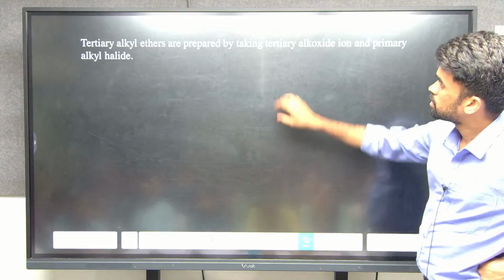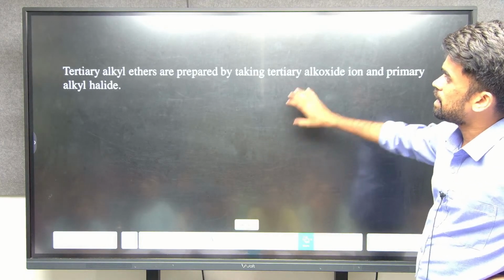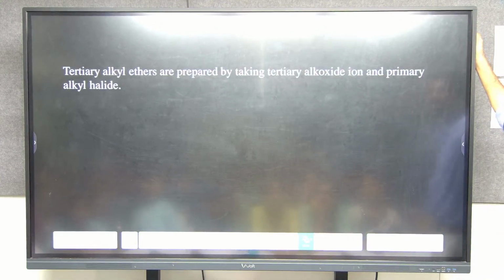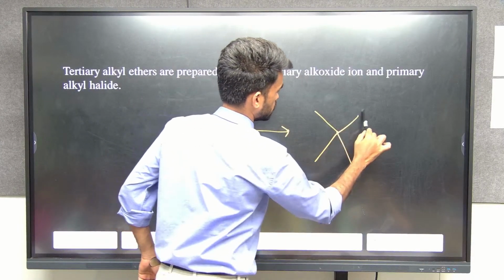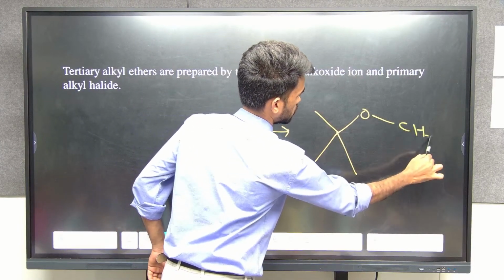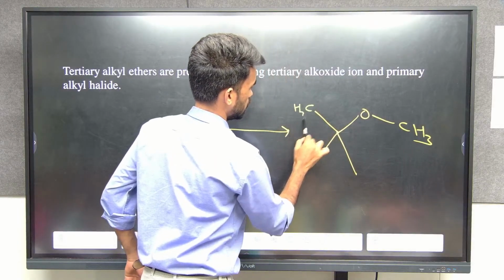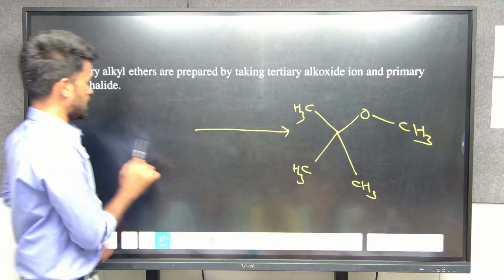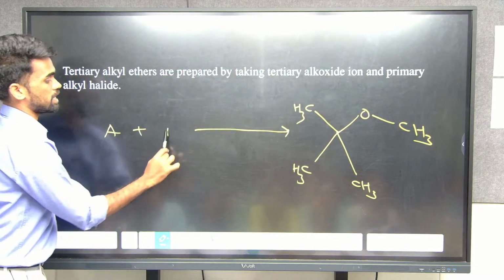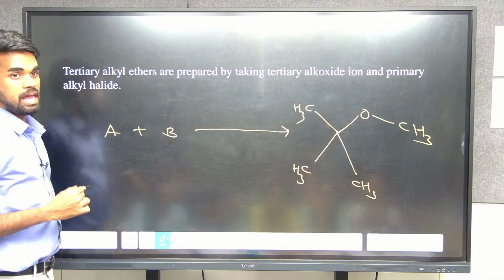Tertiary alkyl ethers are prepared by taking tertiary alkoxide ion and primary alkyl halide. It means I want to prepare this ether. What are my starting materials? A or B, which is the alkoxide ion and which is the alkyl halide I should consider?